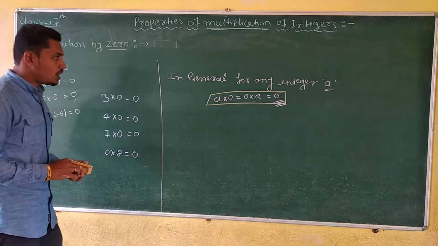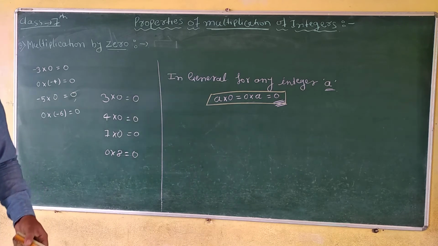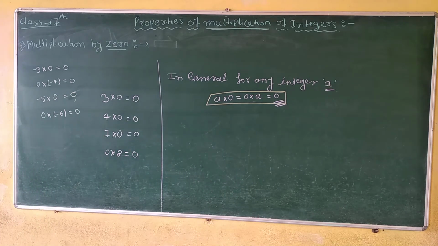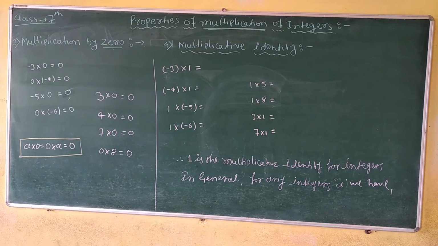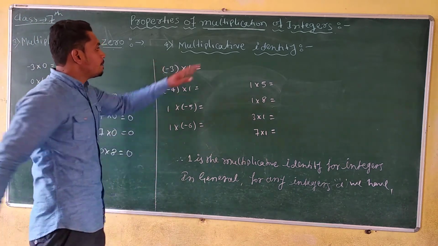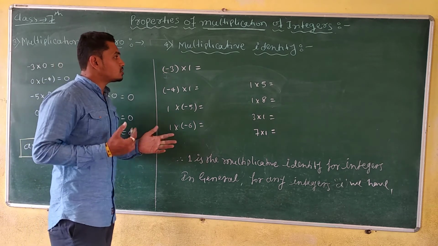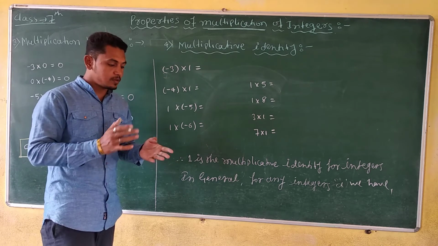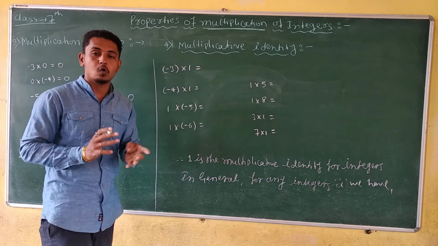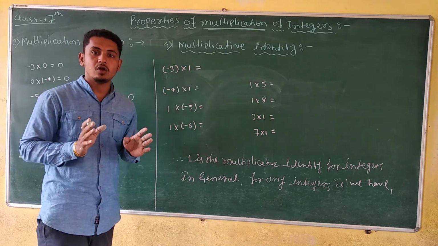Now we have to discuss the fourth property, multiplicative identity. In an earlier class you already learned that 1 is the multiplicative identity for whole numbers.